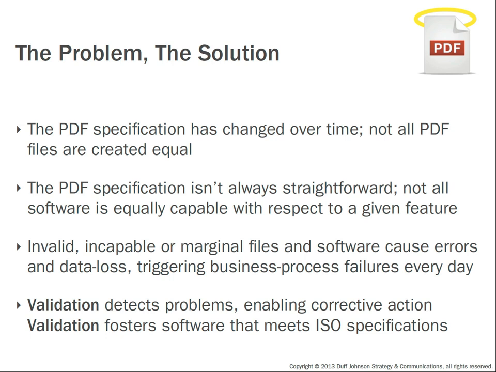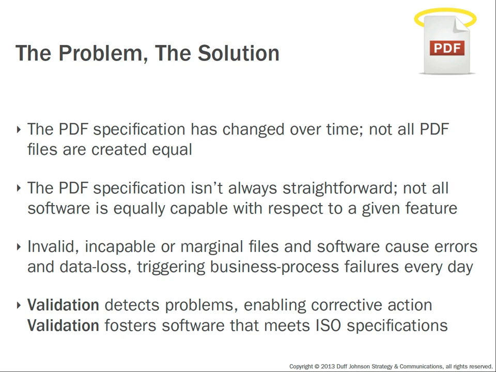As a result of these factors, invalid, incapable, or marginal files and software are out there in the real world. They're causing errors. They're resulting in data loss. People are sending one document from A to B, and they're not able to deal with it over on the receiving end. It doesn't happen very much, but it happens enough, as we've seen, since end users clearly experience this, that it causes our industry to slow down.